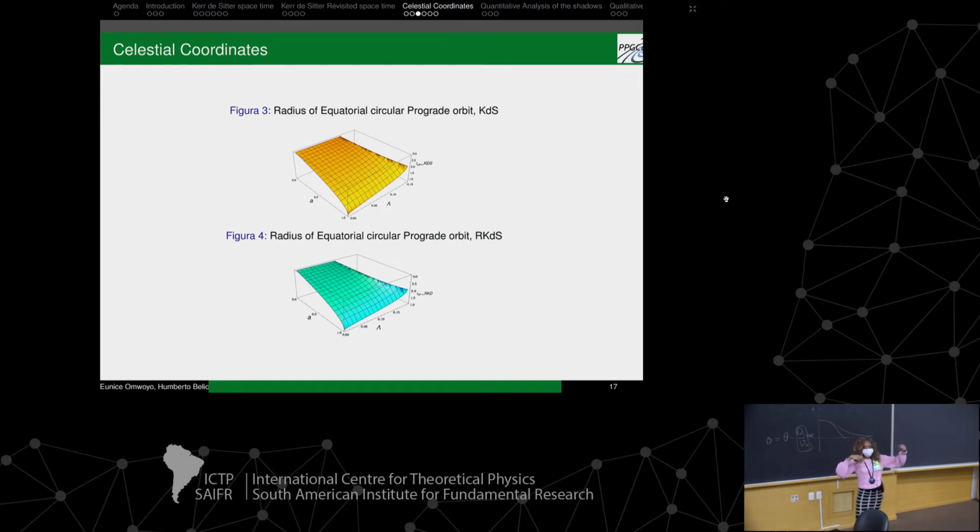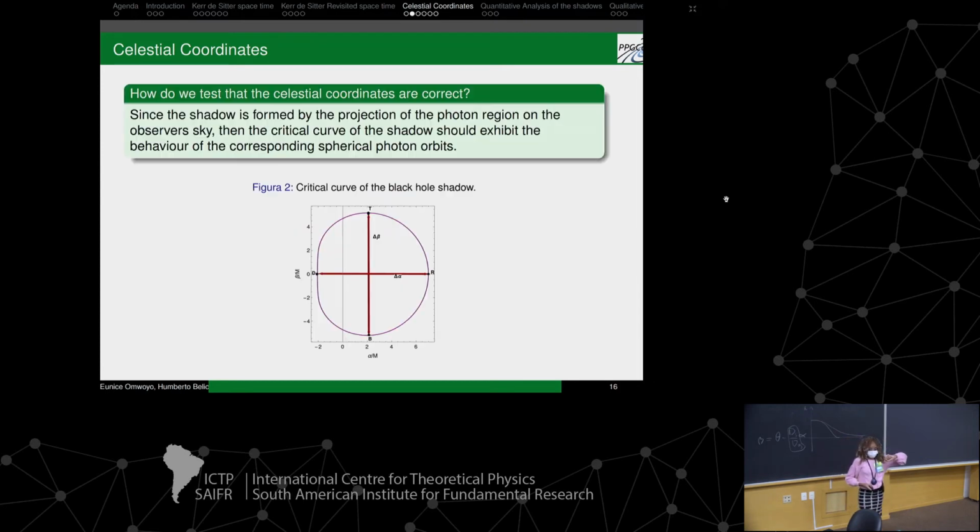So we analyze the behavior for changing a, the black hole spin, since we are dealing with rotating black holes, and lambda, the cosmological constant. As a is increasing, the radius is also decreasing. So we expect that at point D, where the lower bound lies, when we increase the value of a, point D should be decreasing. It should be moving towards the left.